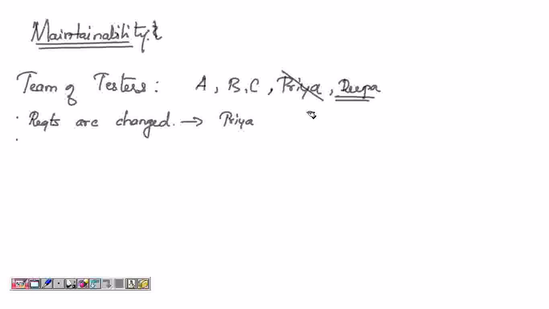Here we are trying to avoid the dependency due to terminations and turnovers. Any project should be maintainable, in the sense that it should not be dependent on any tester or team member, whether people come to the team or go out of the team. Irrespective of all that, we should be able to maintain the script.